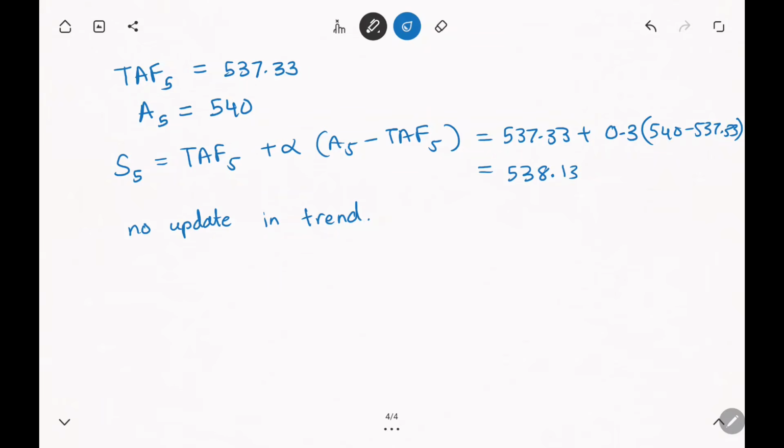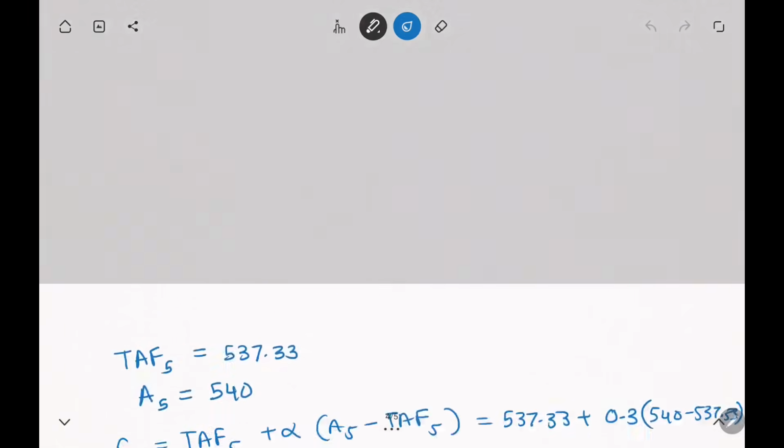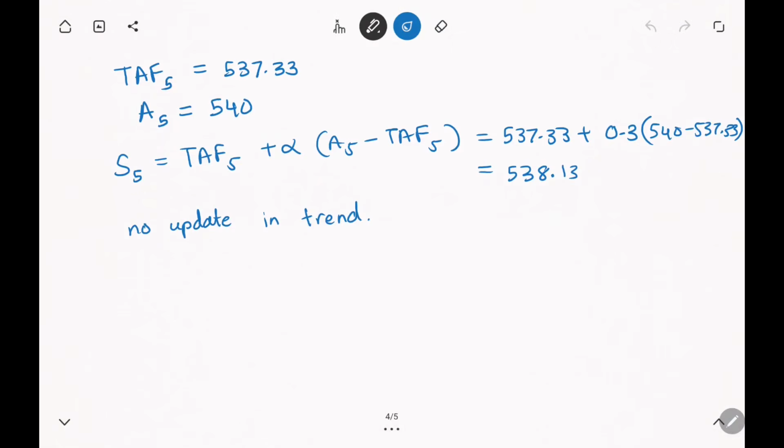That will be the observed trend value, and T5 will be this 9.33, and then we'll see how much that is different. That will be multiplied by beta, and that will be the trend update step. Let's move on. Period 5 calculation is done.